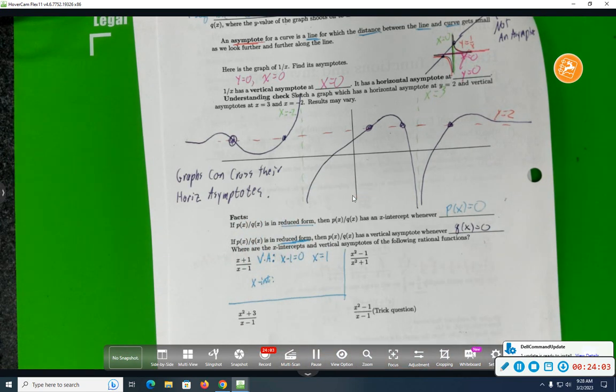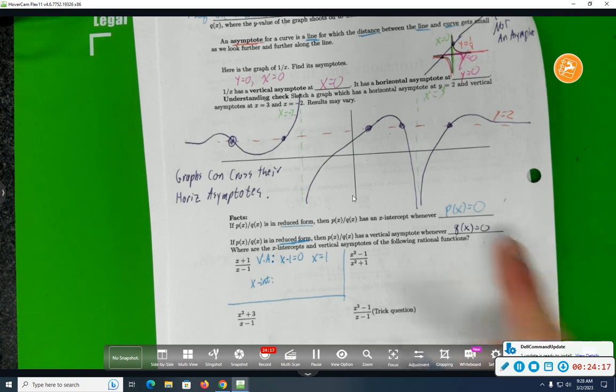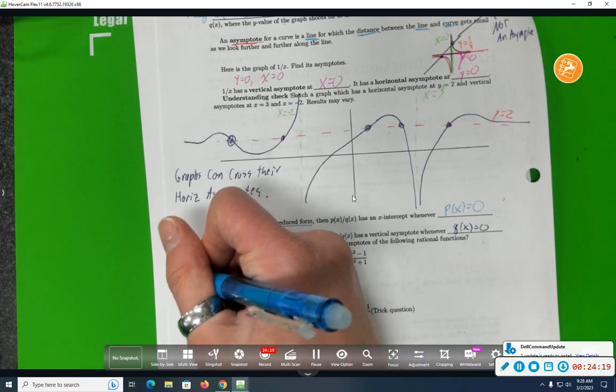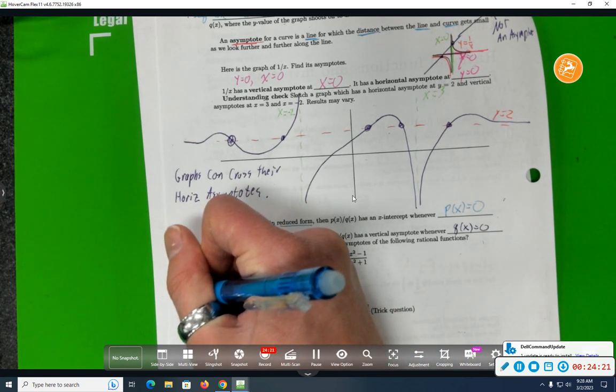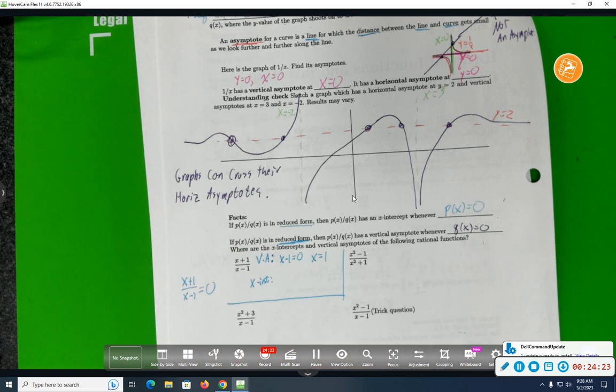What about to find the x-intercept? What do you set equal to 0 to do that? Well, I guess even if you don't remember the trick that's listed here, you could set the whole thing equal to 0. x plus 1 over x minus 1 equals 0.